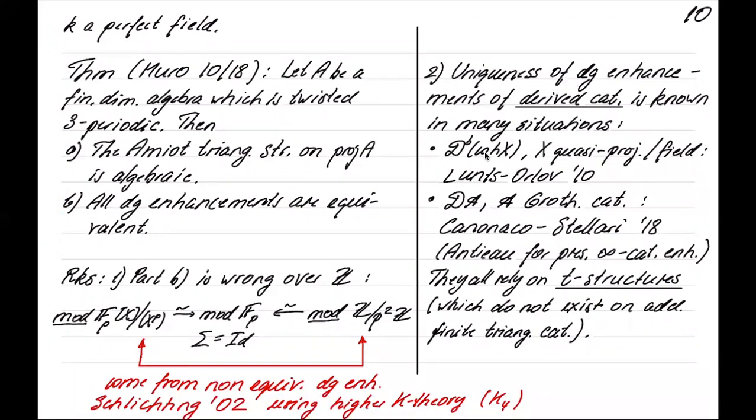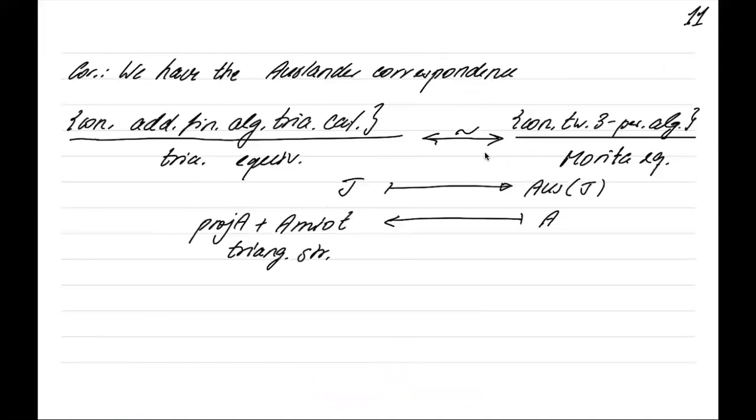Let me formulate, as a corollary to his theorem, the Auslander correspondence for additively finite algebraic triangulated categories. So the category is algebraic. We have a bijection between connected additively finite algebraic triangulated categories up to triangle equivalence, and a certain class of algebras up to Morita equivalence, namely the connected twisted three-periodic algebras.